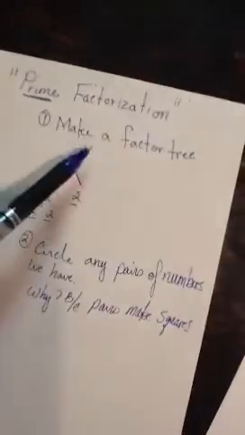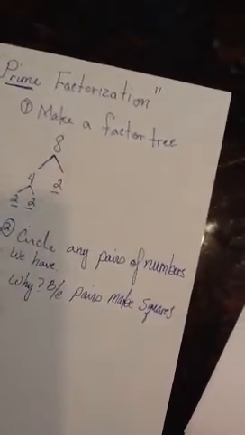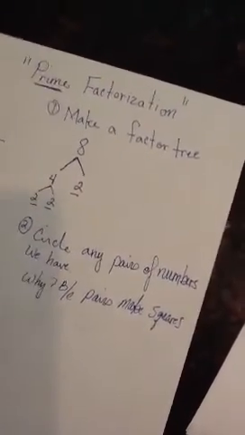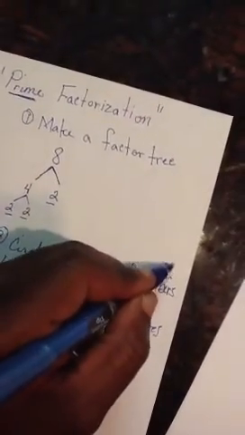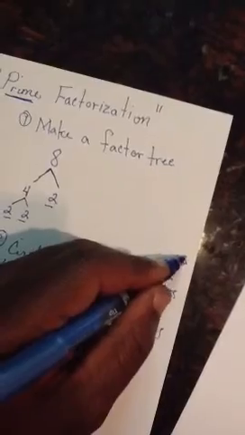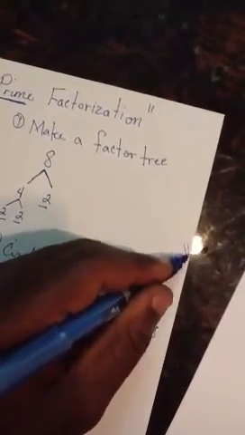Well, follow the steps. Make a factor tree, and then we're going to circle any pairs of numbers or variables that we have. Alright?